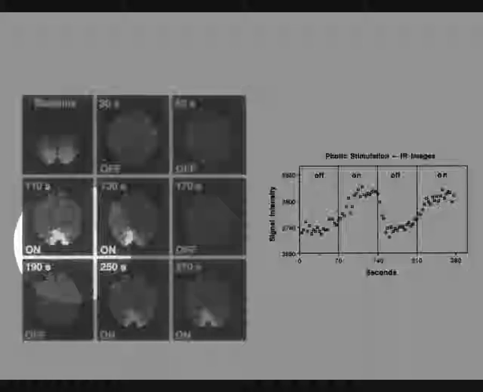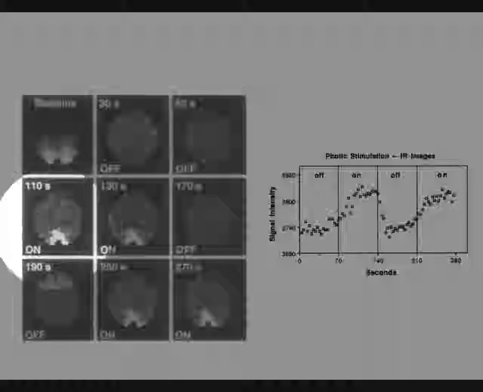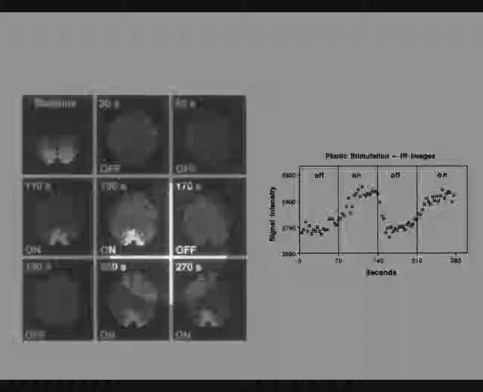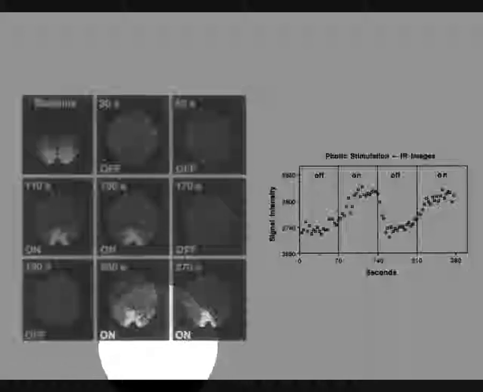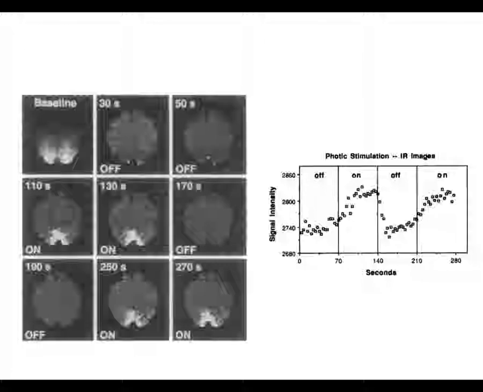So here we're looking down at the top of the head, front is at the top, and back is at the bottom. So occipital lobe is the visual cortex, so it makes sense. Turn the stimulus off, the signal goes down, and then you turn it on and the signal goes back up. And then this is just a time course plotting the actual signal values from one pixel inside that occipital cortex area.